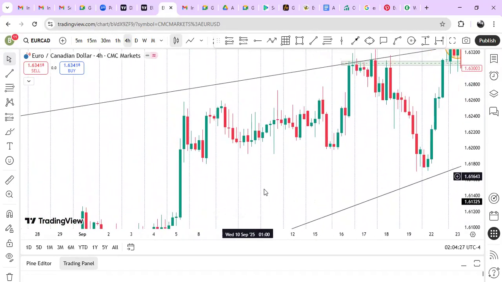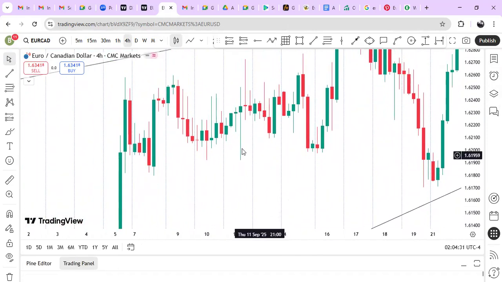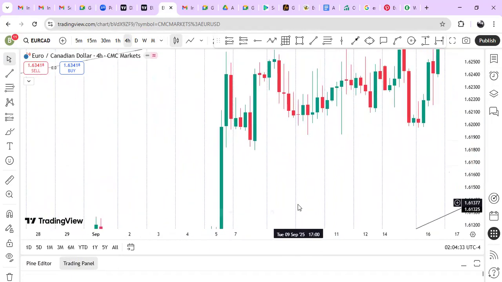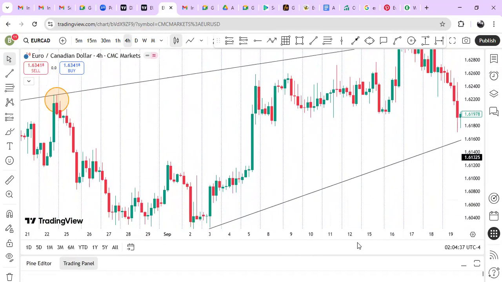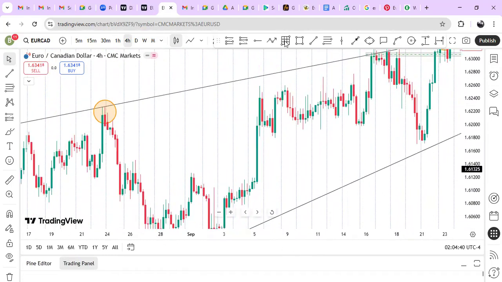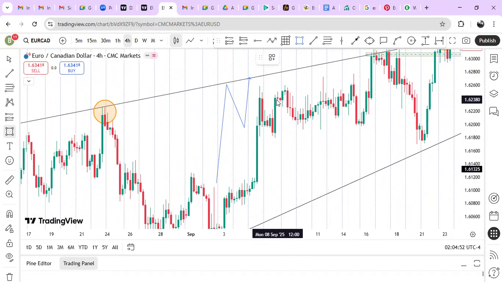Let's see. This was an engulfing candle here. We had this nice push to the upside, an impulsive push, bullish push, correction, an impulse again. And here, this green engulfed the red candle.